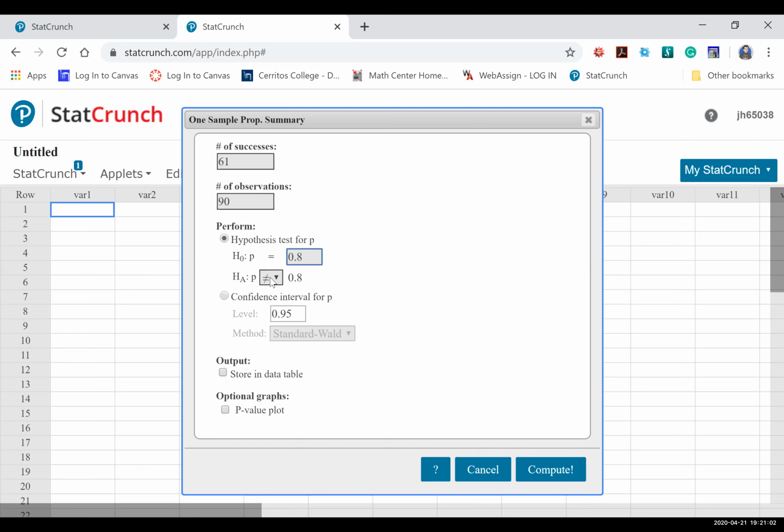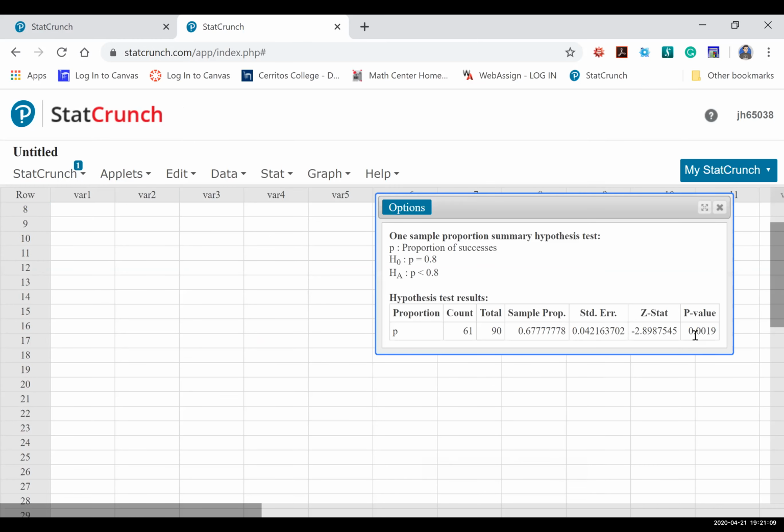In this case, we wanted it to be less than. And it says, what's our p-value? Our p-value is 0.0019, which is exactly what we found it to be in the previous example. So StatCrunch is super easy.